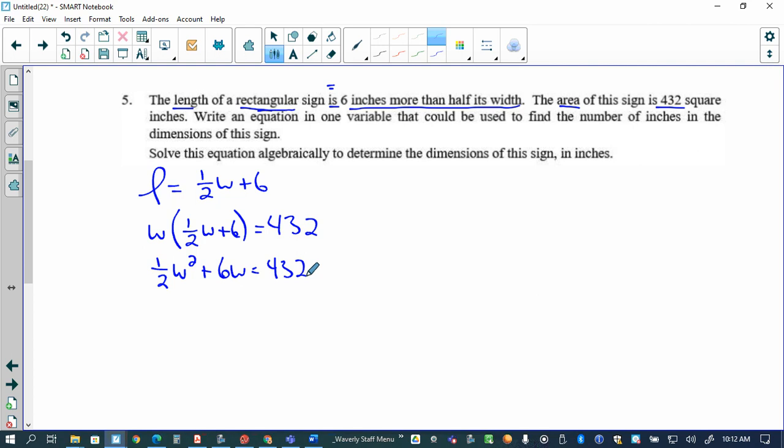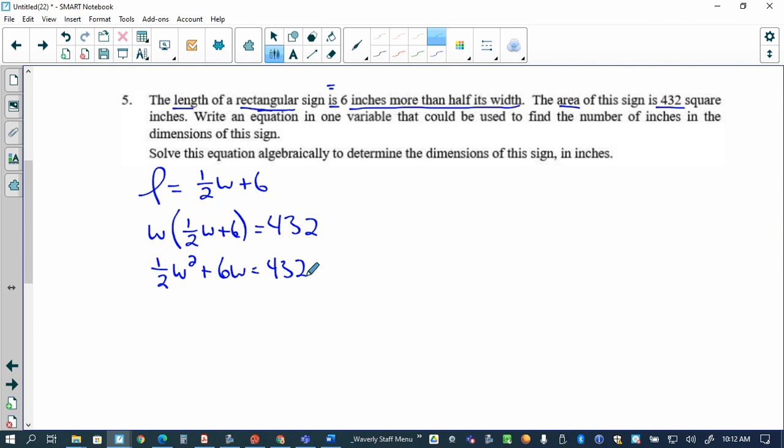Before we do that, who remembers what I showed you to get rid of a fraction here? You multiply it. So equal to 1 multiplied by 1/2, right?